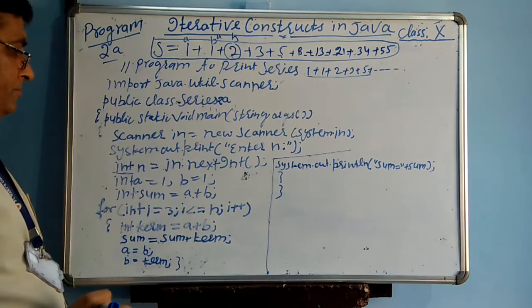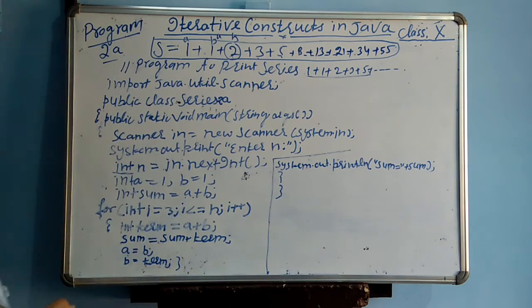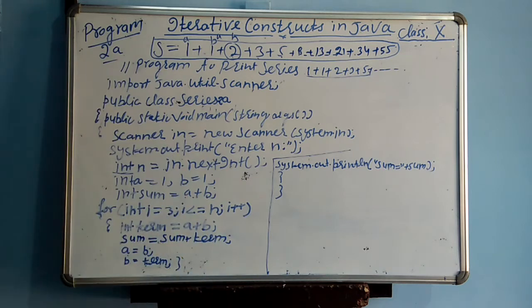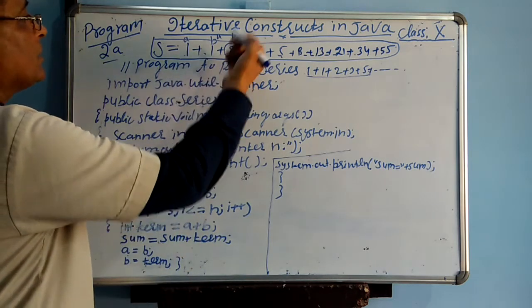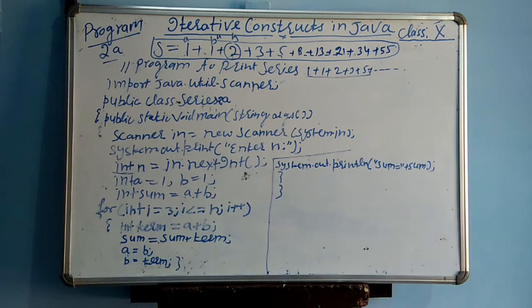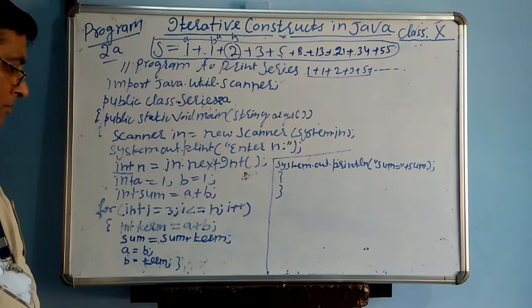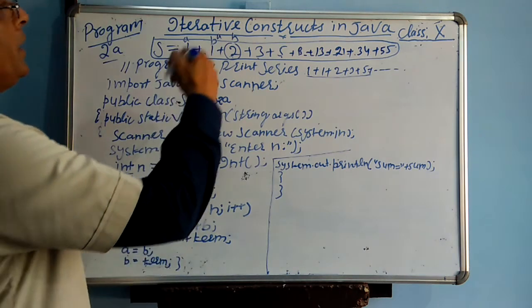Int term is equal to a plus b. You know, a plus b will make the next digit. Then a is equal to b, then it will be equal to a and b.